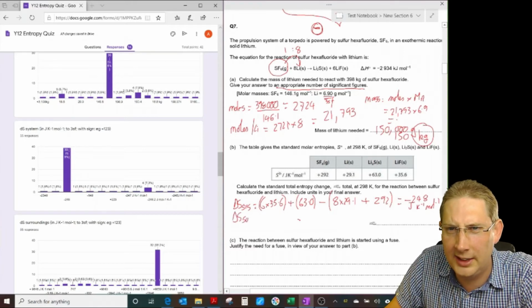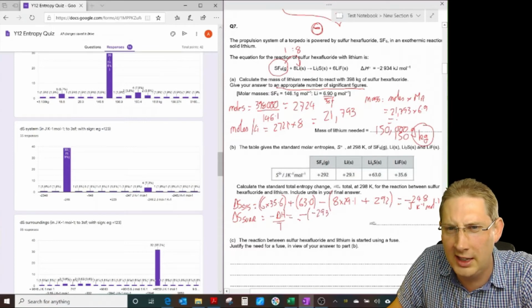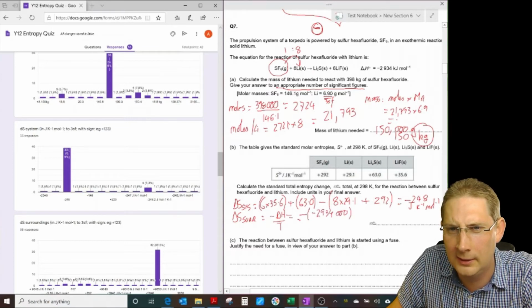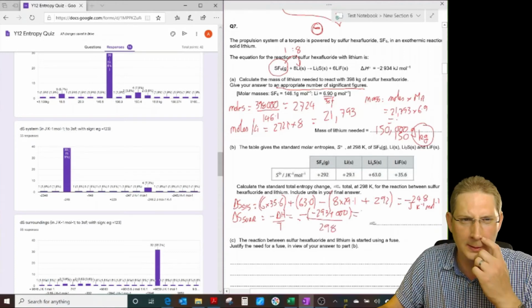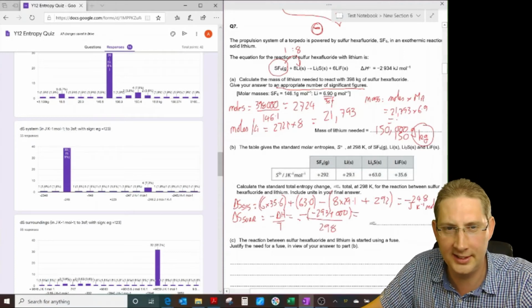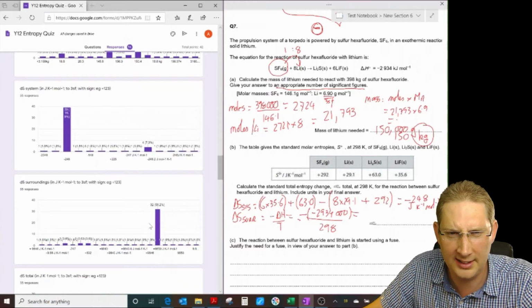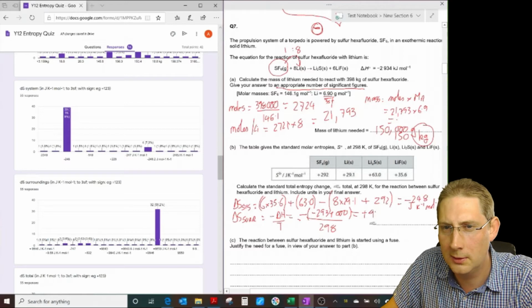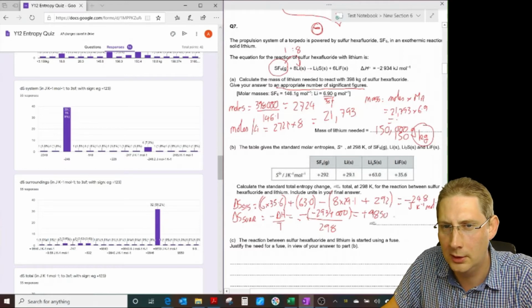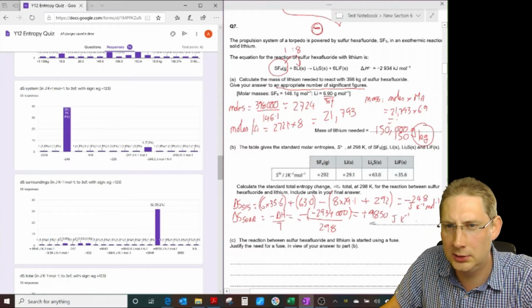Delta S surroundings is minus delta H over T, which equals minus 2,934,000 divided by 298, which equals, as it says down here, plus 9850 joules per Kelvin per mole.